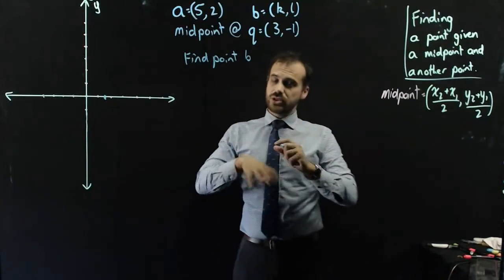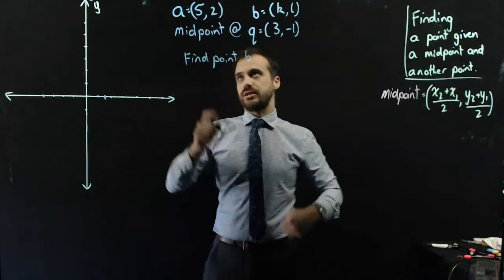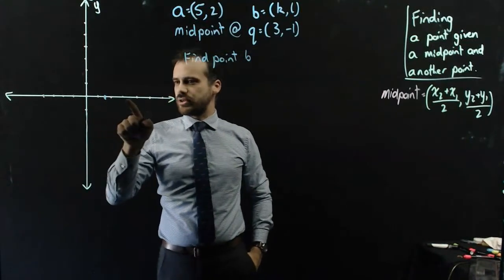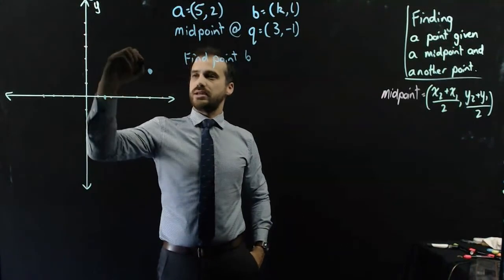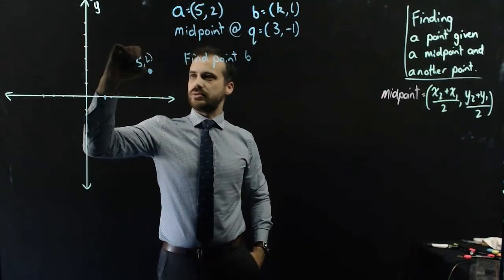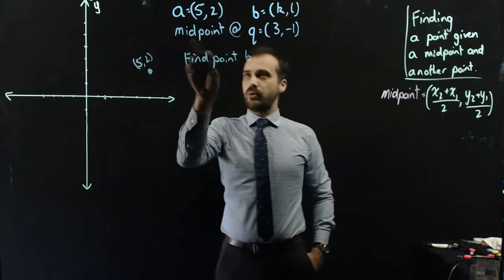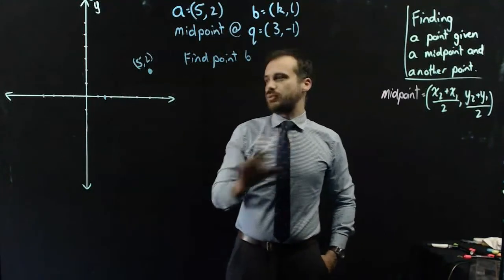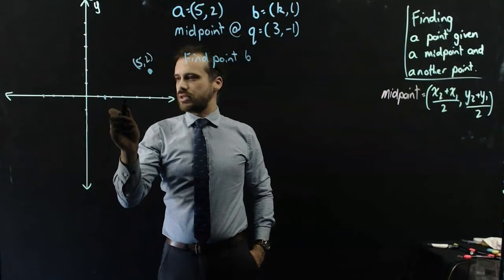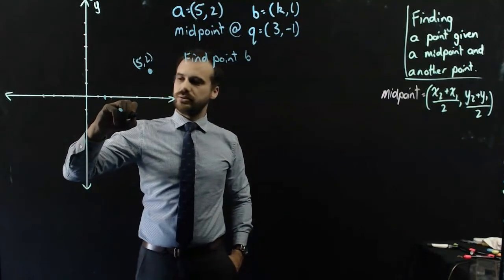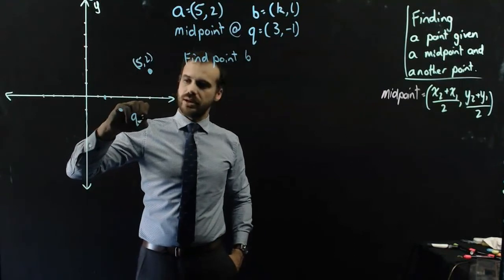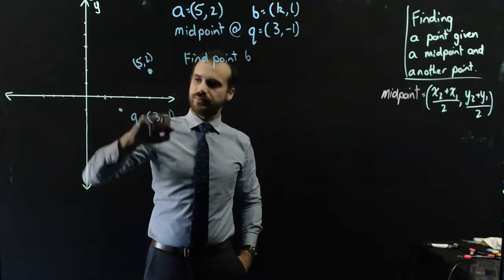But first of all, I'm just going to draw this up so I get an idea of what it looks like. A is (5, 2). Okay, so that's point A. We have a midpoint at (3, -1). Now we call that Q, which is our midpoint, and that's (3, -1).